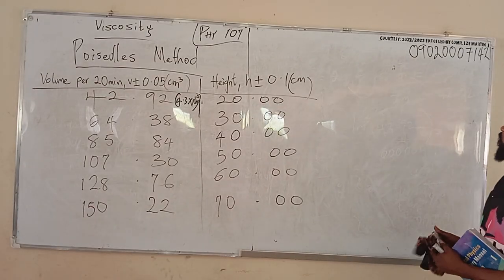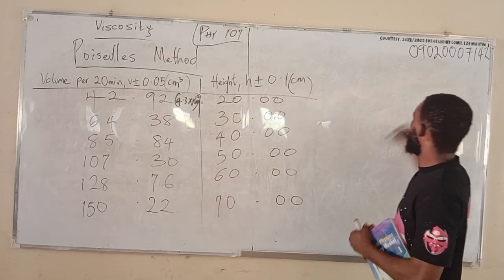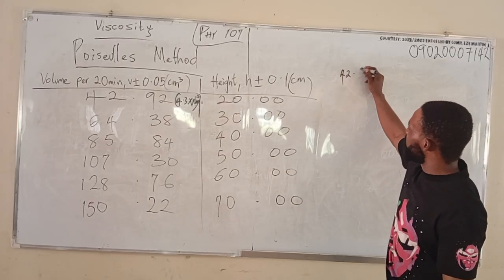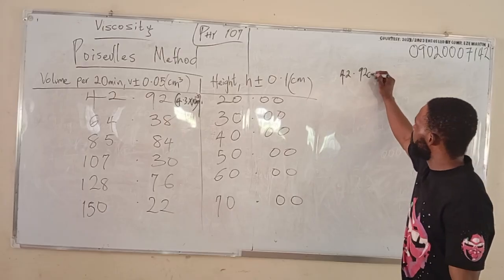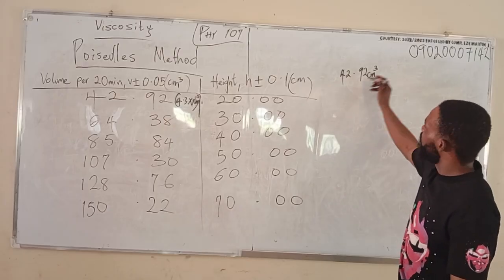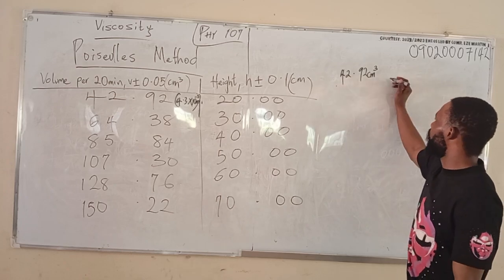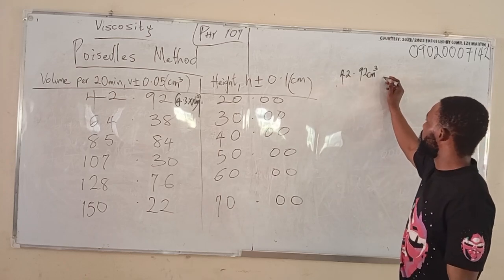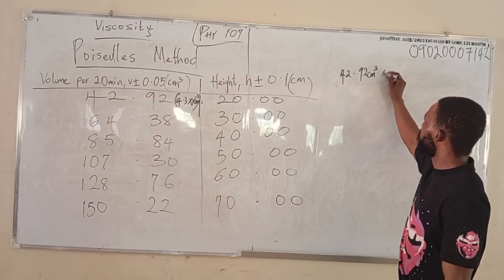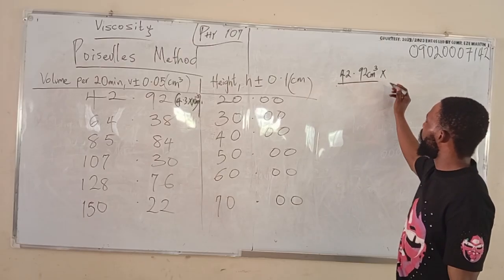If it's two units, I simply say I have 42.92 in centimeter cube, and this is the same as saying times all over 1.